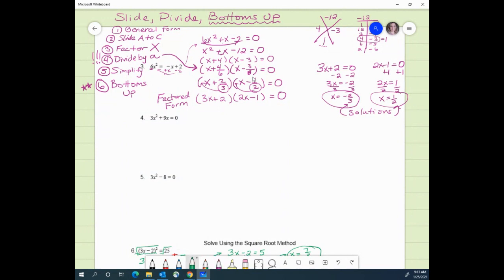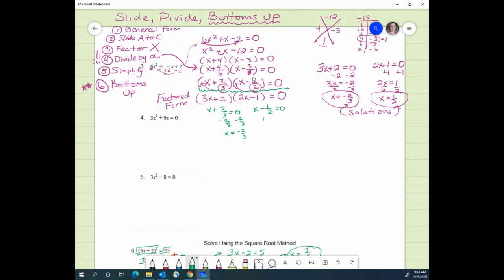If you take a look right here at this step, before we did bottoms up, if I were to take x plus 2/3 and set it equal to 0, and x minus 1/2 and set it equal to 0, I could get my solutions from this.